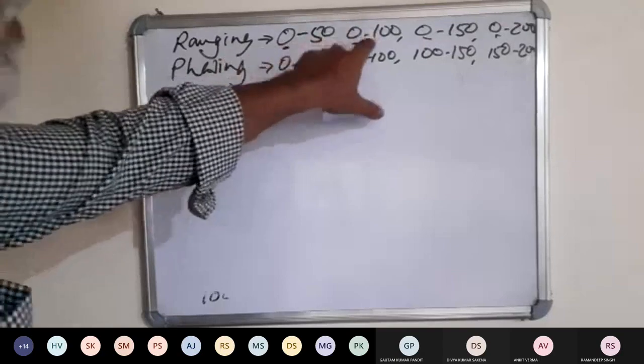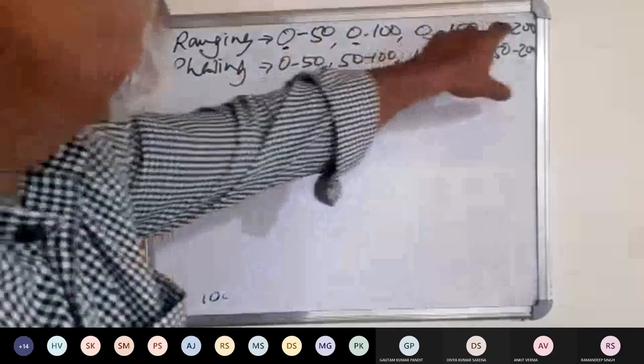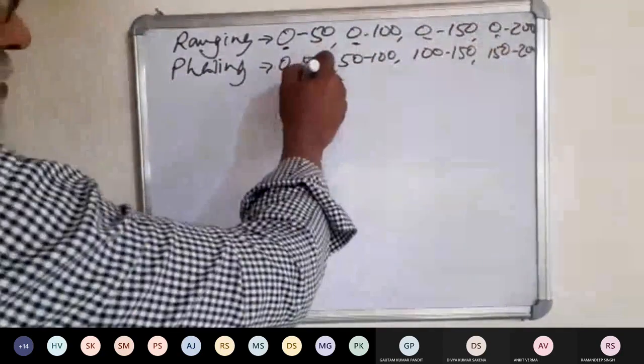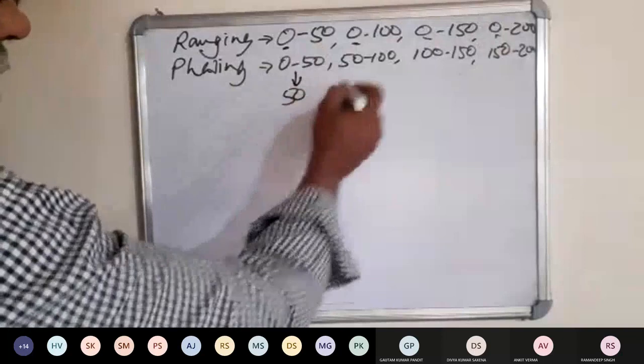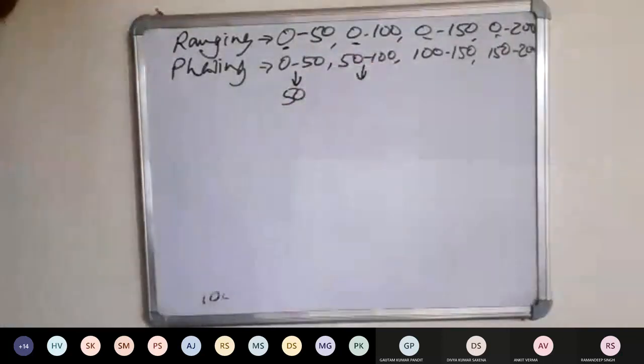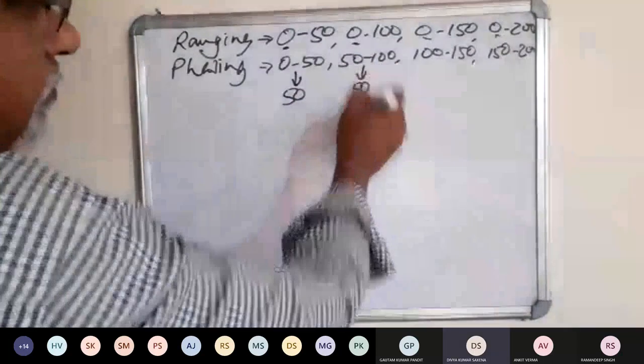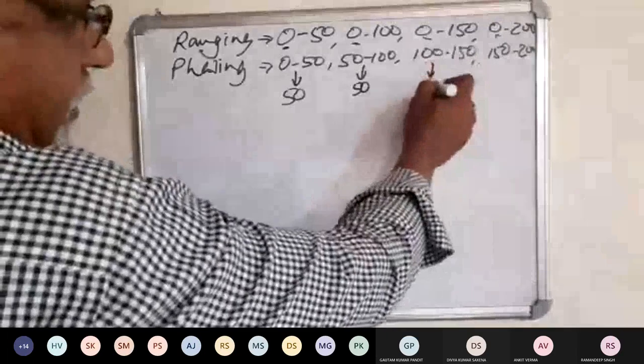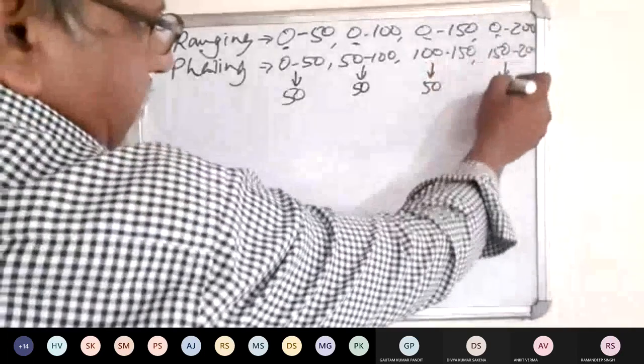First 50, then 100, then 150, then 200. What about this? Difference is 50. What about this? Same. This also 50. This also 50.